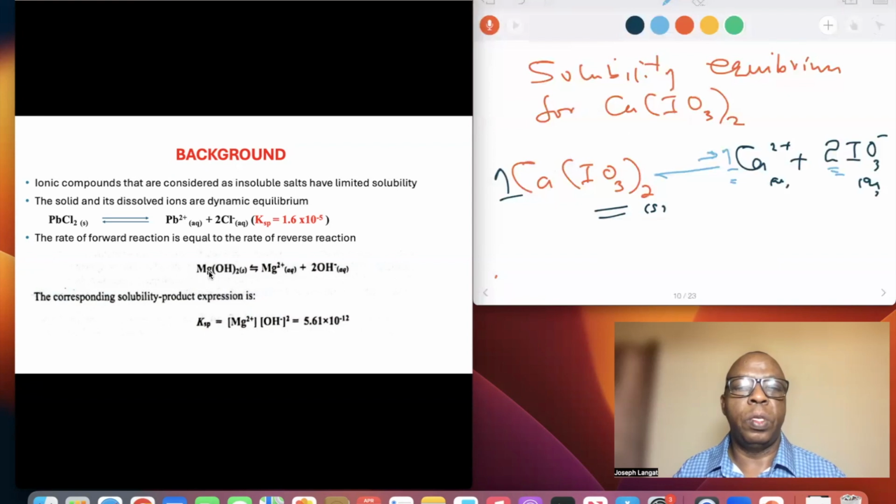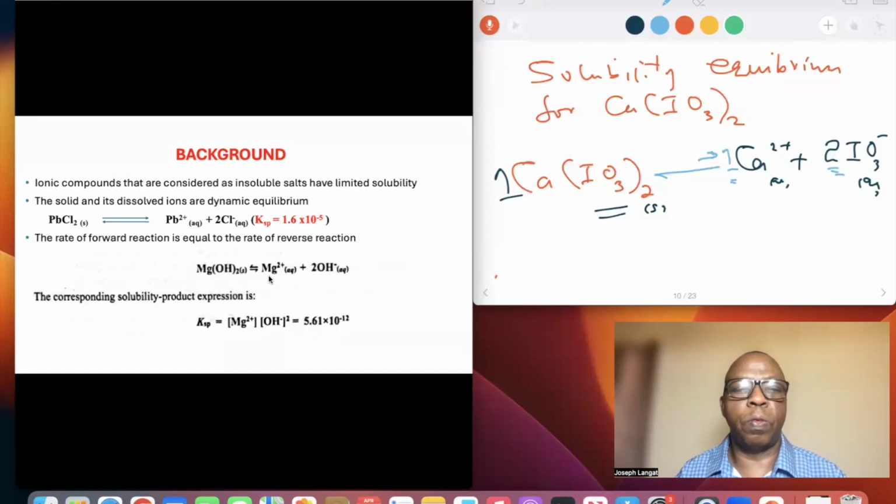If you see the chemical formula for magnesium hydroxide, an example in the lab manual, for every 1 mole of magnesium hydroxide that dissolves, there is 1 mole of magnesium ion and 2 moles of hydroxide ion. If we know the concentration of each ion, we can determine the Ksp.